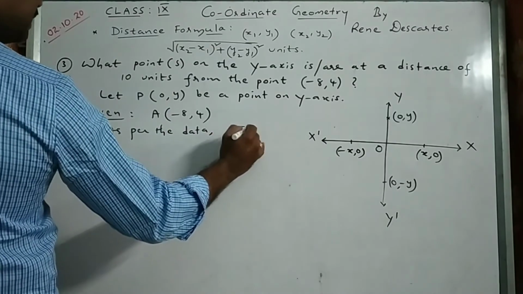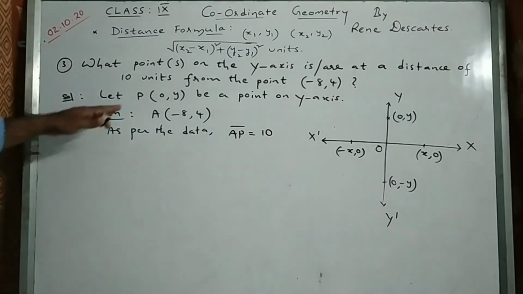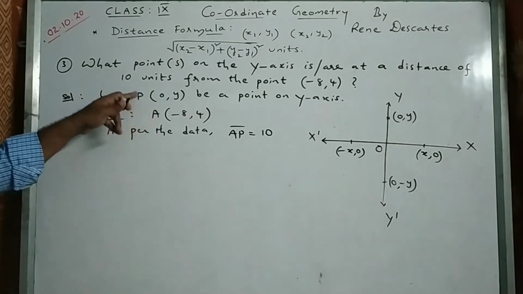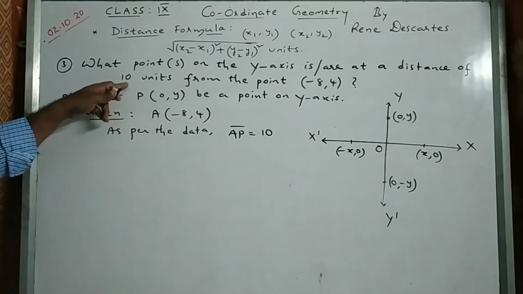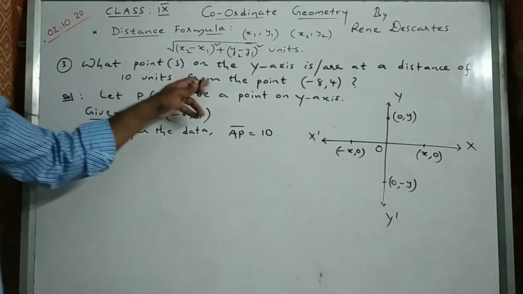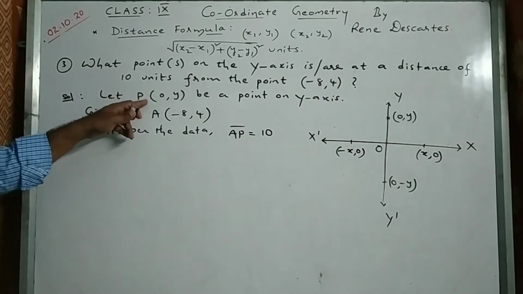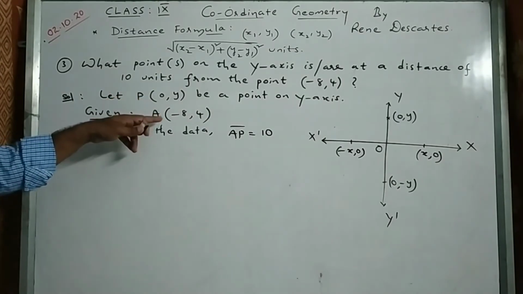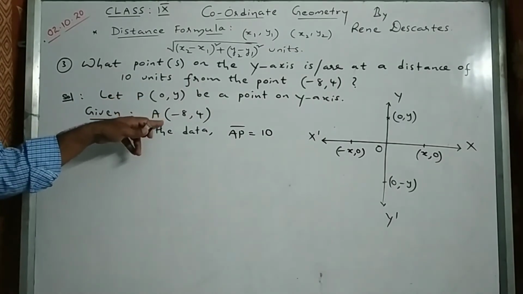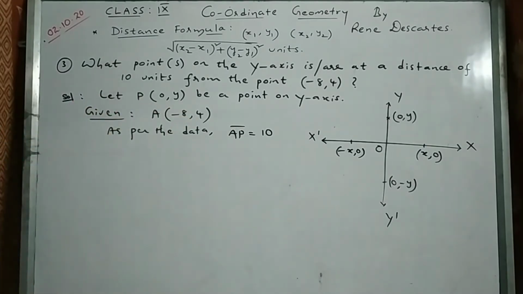So AP distance is given as 10 units. Find the distance between these 2 points and make it equal to 10. At a distance of 10 units from the point minus 8 comma 4, our required point is 10 units distance from this given point. That means AP is equal to 10 units.